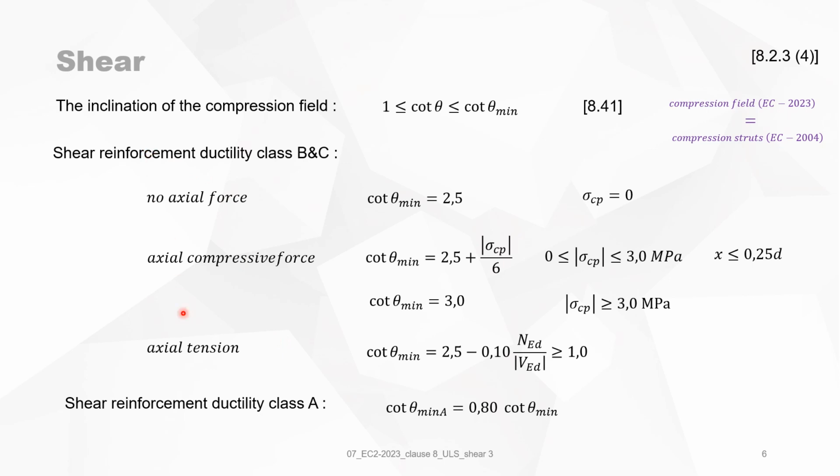For ductility class A, cotangent theta min is 0.8 times the cotangent theta min for ductility class B and C. So you have to use these formulas and multiply by 0.8. So it's a little bit more complicated than we were used to in Eurocode version 2004.